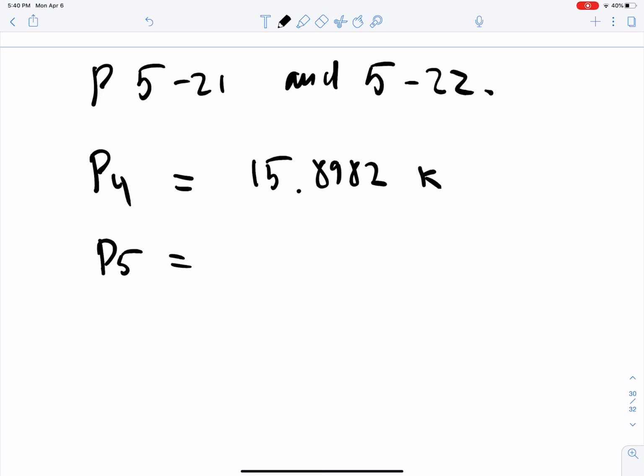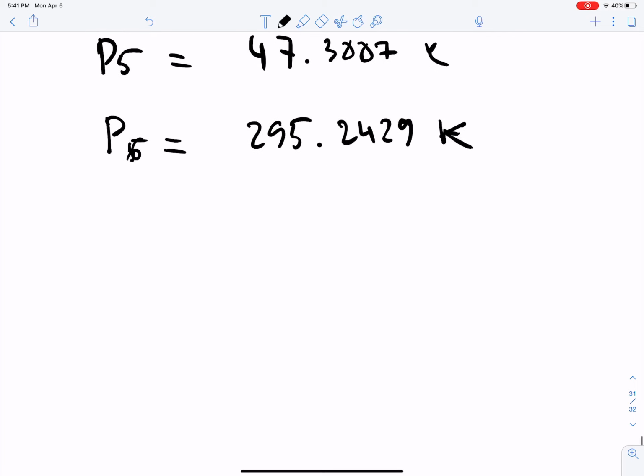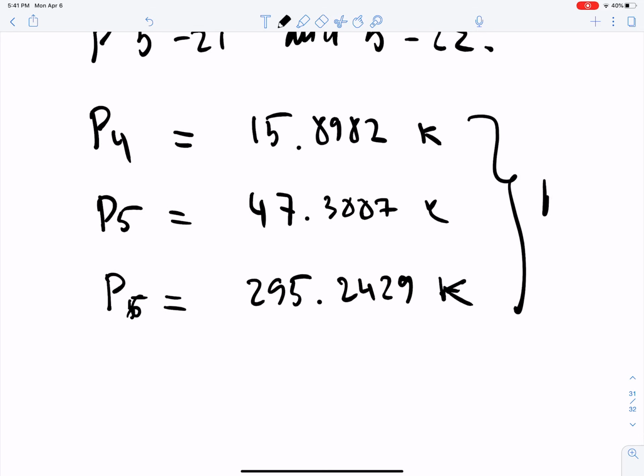P5, right, 47.3887 kilopounds, right, the bending moment, P6, okay, is 2952.429 kilopounds. Okay. This was node 2.